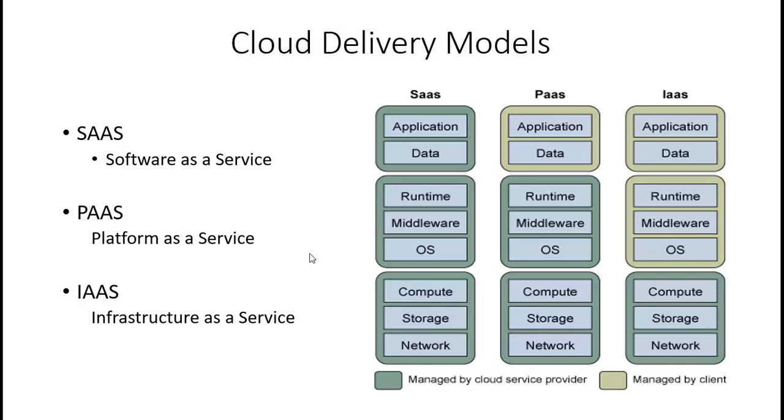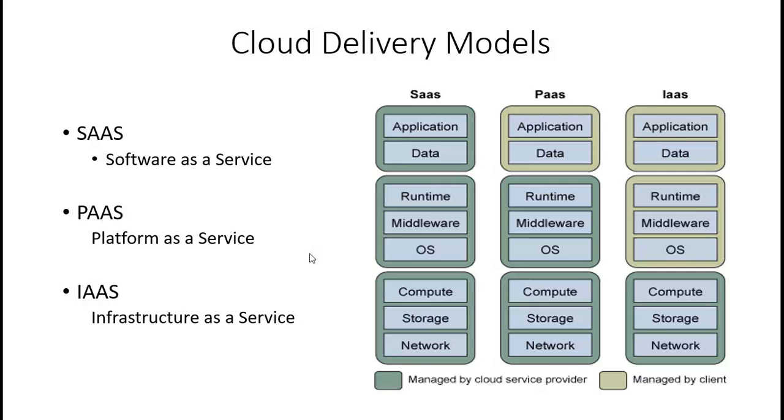The VM file is the communicator between the hypervisor and the OS. In the same way we have platform as a service and IIS. So this is how these three delivery models are used in the cloud for delivery.